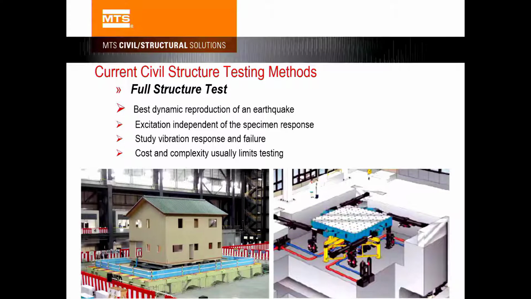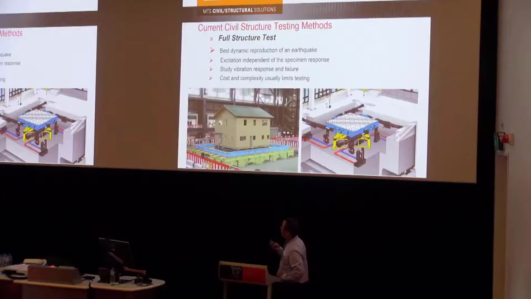Shaker table test is widely used, and the advantage of shaker table tests is that they are accurate, and you can use an iterative approach and simulate the ground motion, and the ground motion can be simulated very accurately. And in that sense, it is very accurate.